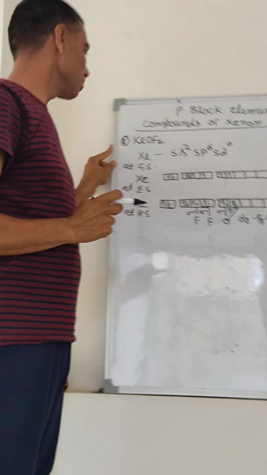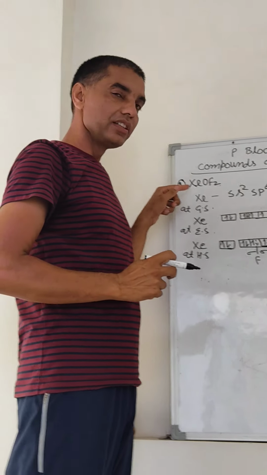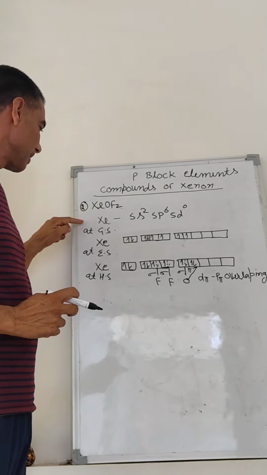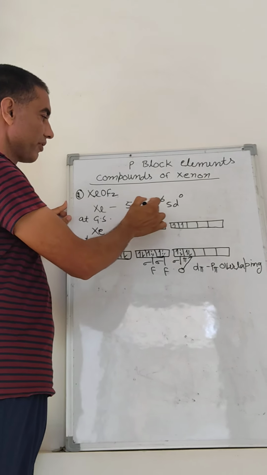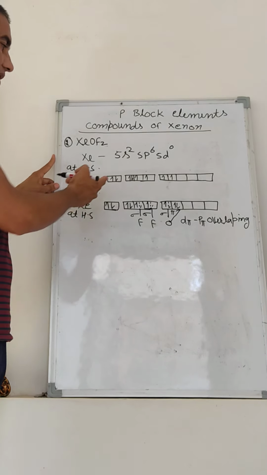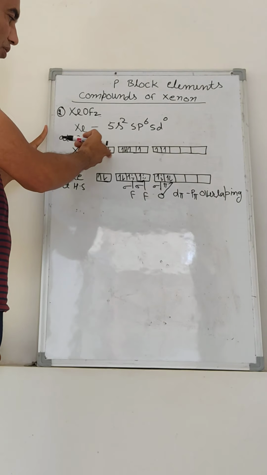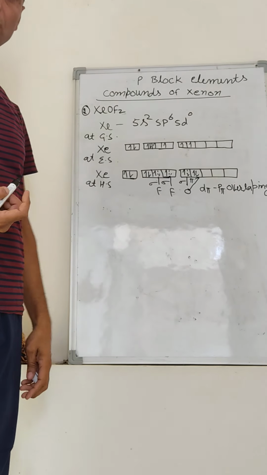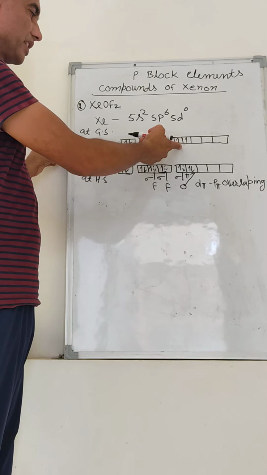So the second compound is XeOF2, xenon oxide difluoride. In this compound, the central atom is xenon and its valence shell electronic configuration is 5s2, 5p6 and 5d0. The excited state electronic configuration is 5s2, 5p4, 5d2. 2 electrons of the p atomic orbital are excited into the d atomic orbital.